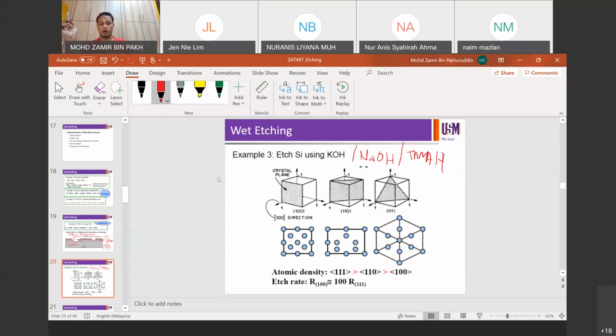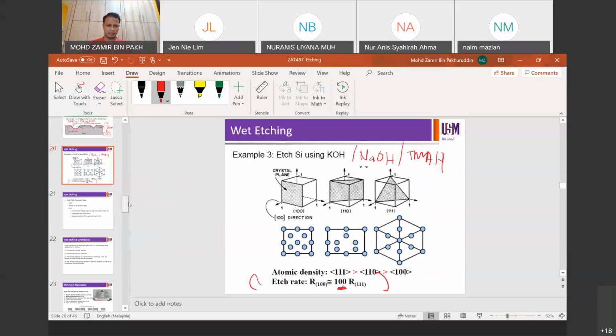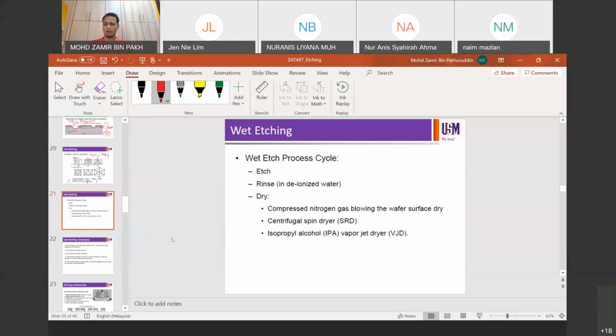So the etch rate of 100 orientation is about 100 times higher than 111. So that's why you end up with a pyramid with 111 faces left on the silicon wafer after the etching process. It's because the etch rate of 100 is 100 times higher than 111. So that leads to anisotropic etching, and you're going to be left with some structures on your surface.